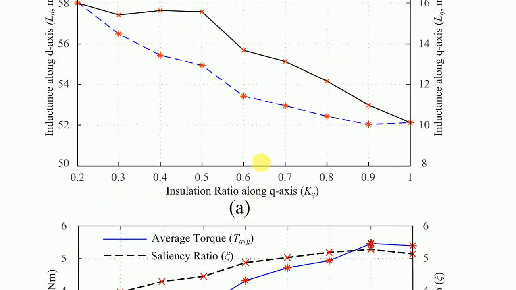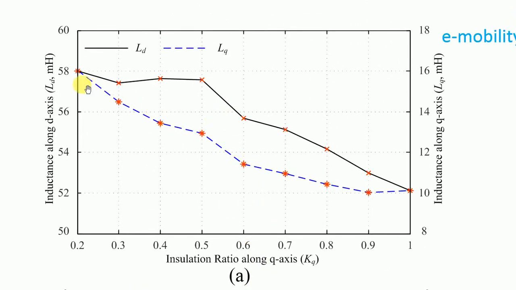This is because, from 0.2 to 0.6, LD is nearly constant. The variation is around 2 millihenry, 56, 58, in millihenry.